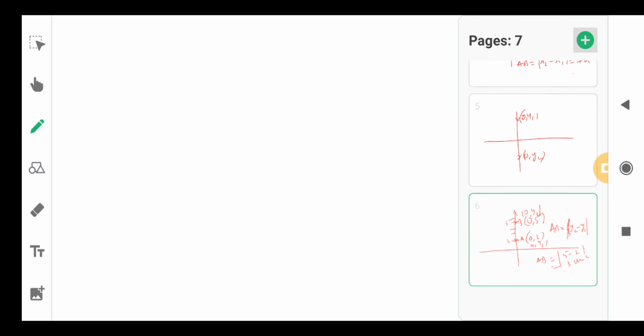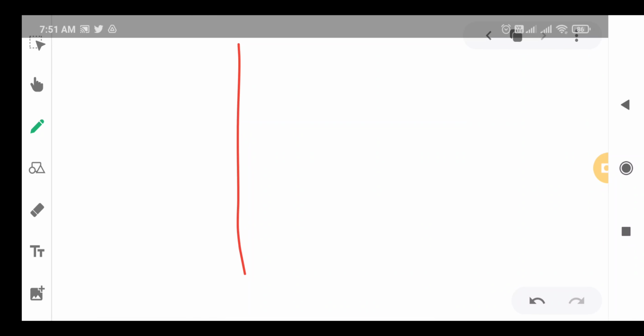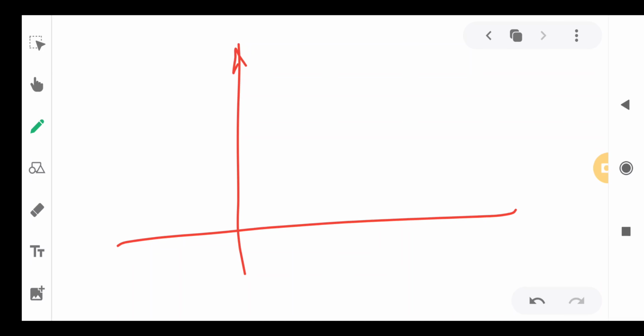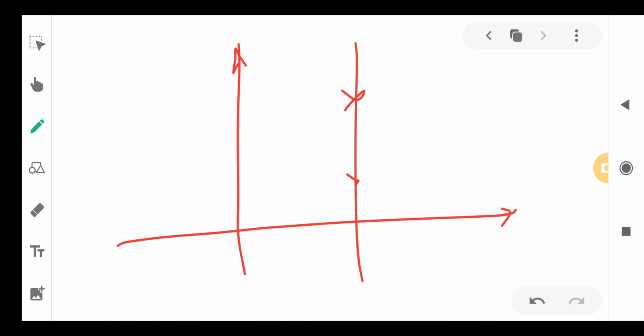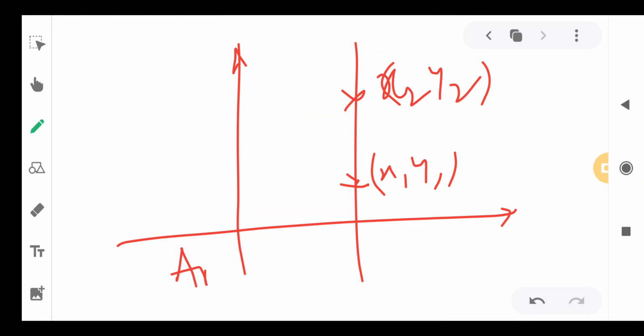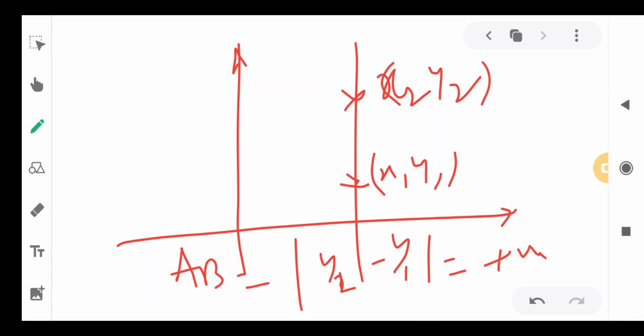Now similarly, if any line is parallel to the y-axis, the points will be x1, y1 and x2, y2. So what is the distance? AB will be equal to the modulus of y2 minus y1, with positive units.